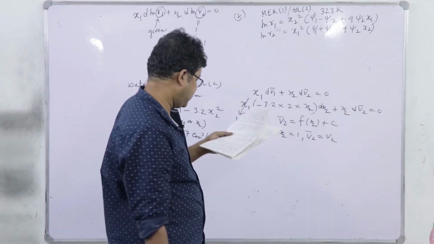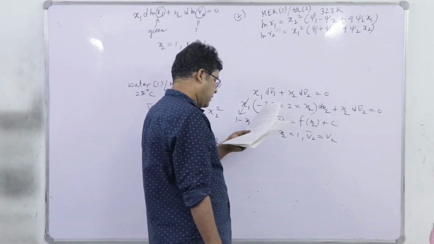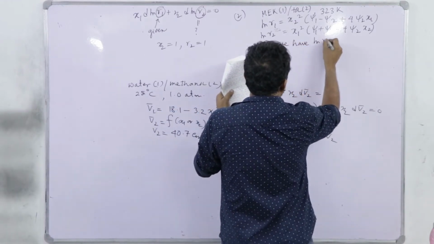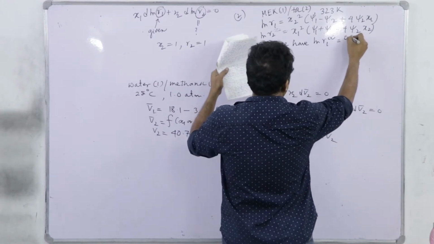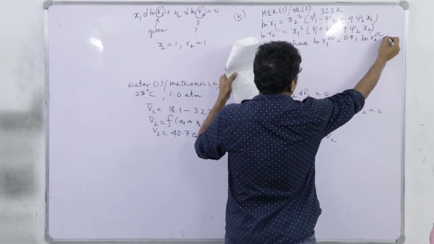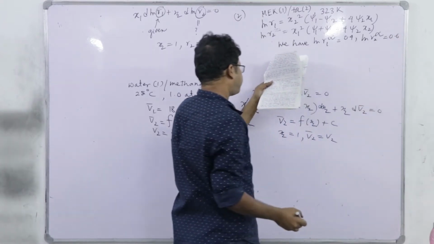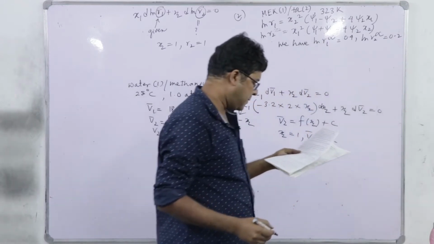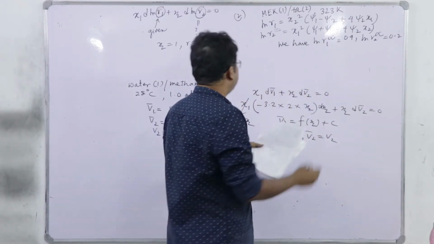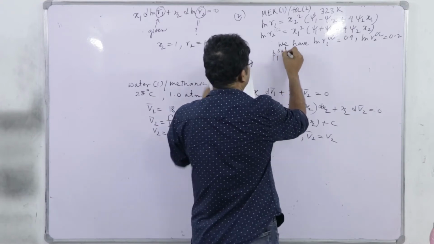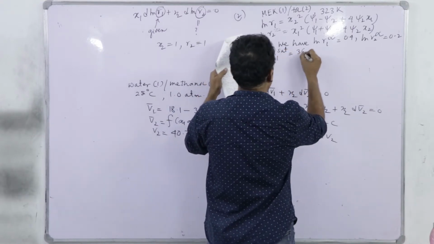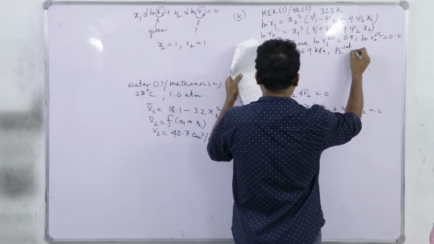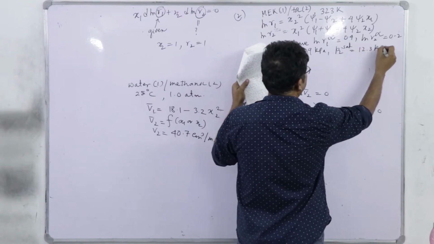At the same temperature, the infinite dilution activity coefficients are given by ln gamma 1 infinity 0.4, ln gamma 2 infinity 0.2. The vapor pressure of MEK and toluene at 323, that is P1 sat is given as 36.9 kilopascal, P2 sat is 12.3 kilopascal.